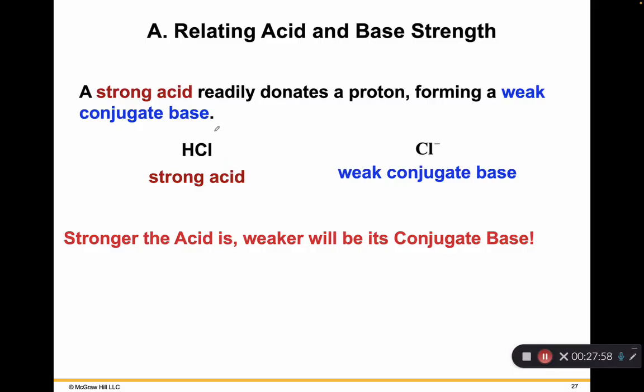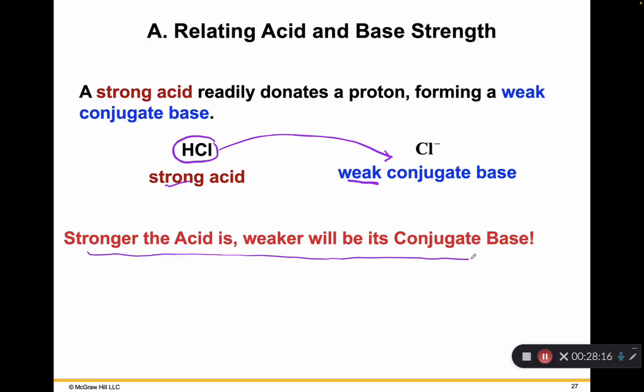Now let's talk about the conjugate base. Whenever we have a strong acid, the corresponding conjugate base is always the weak one. This red color-coded statement here is important to understand: the stronger the acid is, the weaker its conjugate base will be.